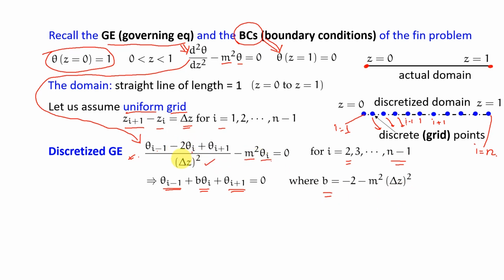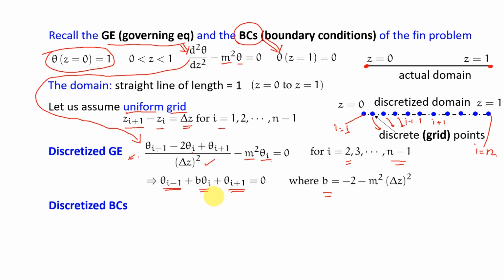If I multiply both sides by delta z square, the right hand side remains 0, but the m square theta i term is multiplied by delta z square. So my b is minus 2 minus m square delta z square, and I have the equation theta i minus 1 plus b theta i plus theta i plus 1 equals 0.